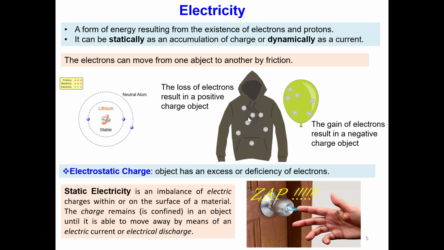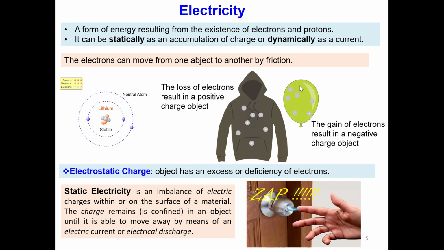But what happens when friction occurs between two objects? One object will lose electrons and the other object will gain electrons. The object or material that loses electrons becomes a positively charged object, with more positive charge than negative charge.